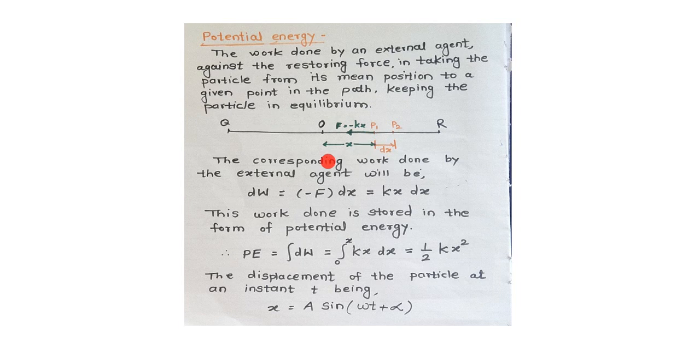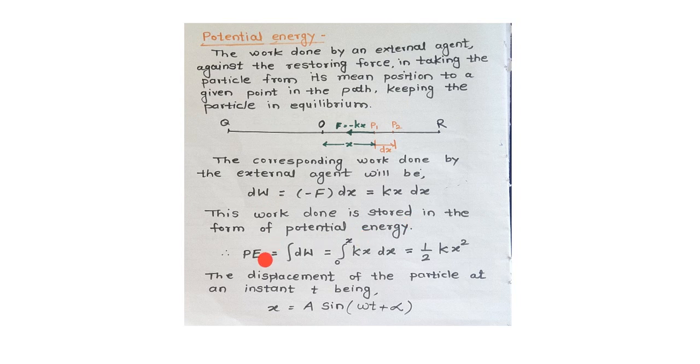Okay. Now the corresponding work done by the external agent will be dw equals to minus f into dx. Okay, equals to f क्या है minus kx. So we will get here kx dx, and this work done dw is stored in the form of potential energy.